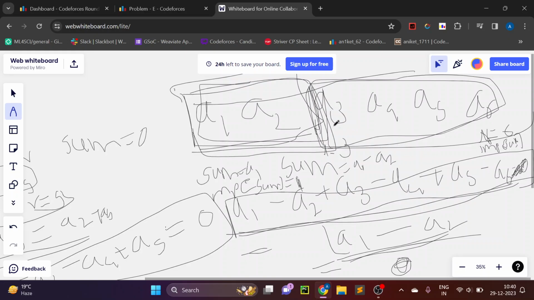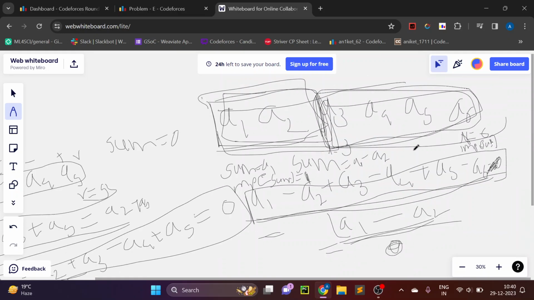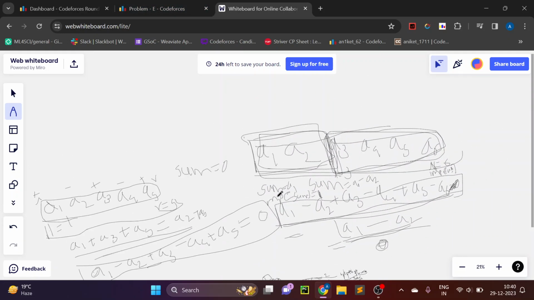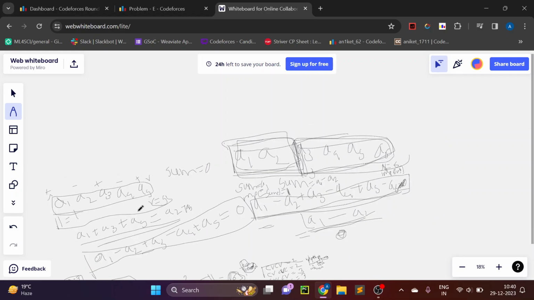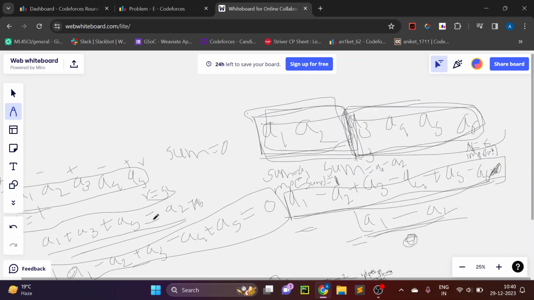Then I can say I have found such a pair L and R whose value can be equal to 0. So in this question you basically have to first simplify the equation, and then this is a subarray technique.